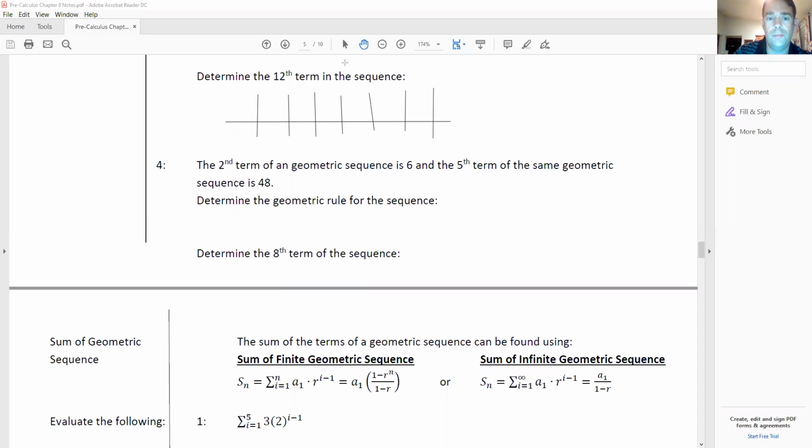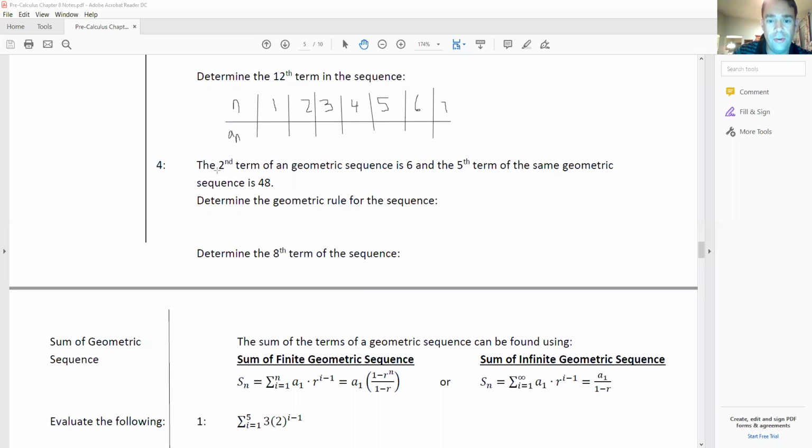So here's what I see. I'm dealing with term numbers, and I'm looking for the A sub n value. So I don't know every value in my term. I need to eventually know them all, but I don't. So what I do know is this.